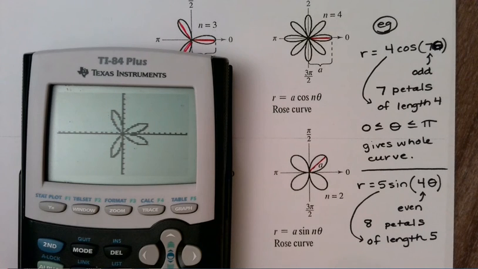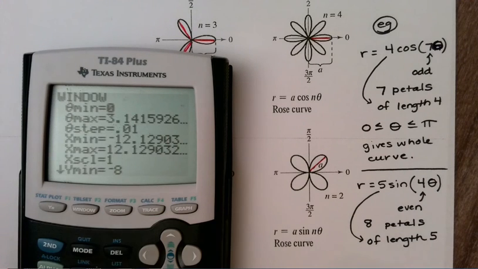Well, that's kind of interesting, isn't it? We only got 4 petals, and they don't even look symmetric. I wonder, remember how we had limited ourselves to 0 to pi? Do you think this one maybe needs to go all the way to 2 pi? Let's try it.